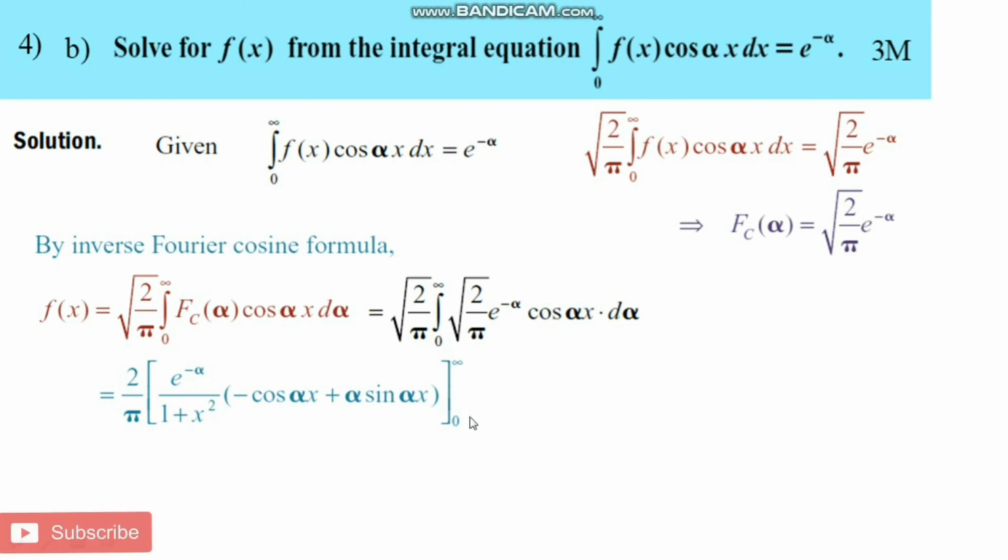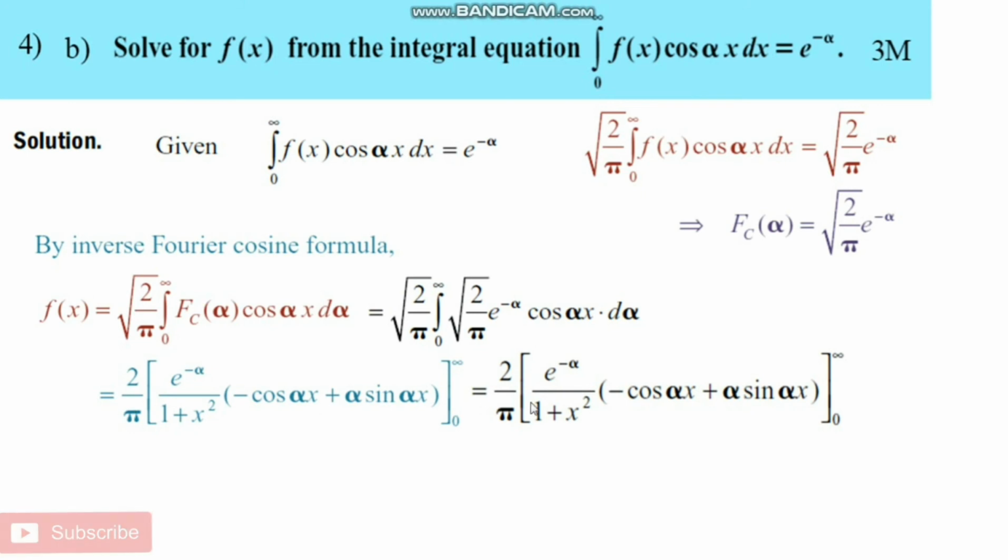Consider the limits between 0 and infinity for alpha, so 2 by pi, and just we have seen this is the result. After simplification by upper and lower results, when alpha is replaced with infinity, it will be 0, e power negative infinity is 0.